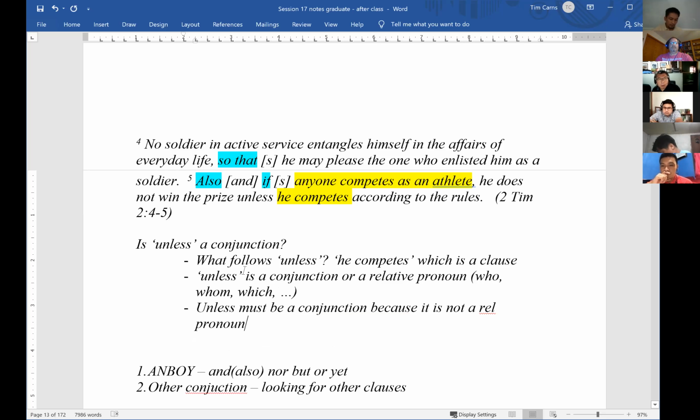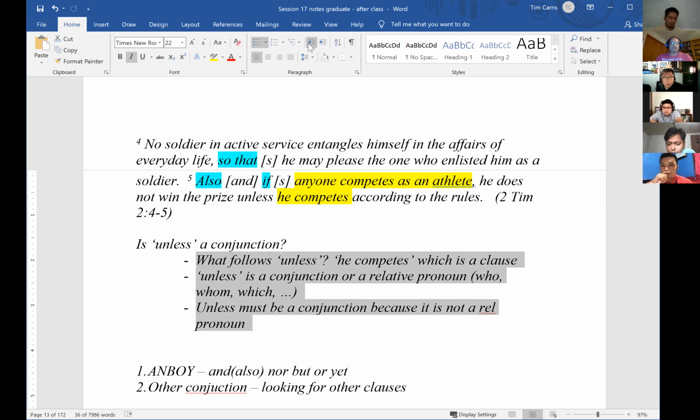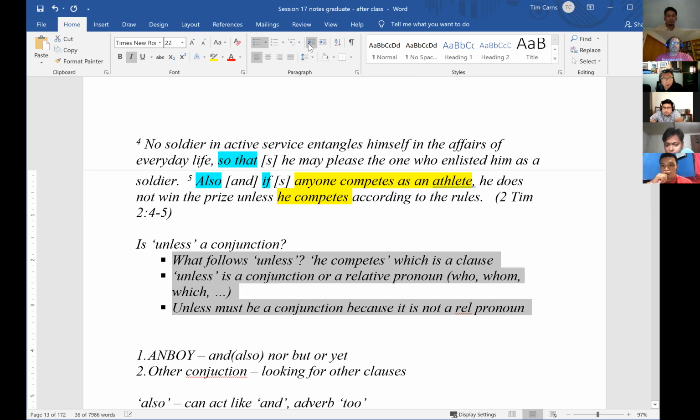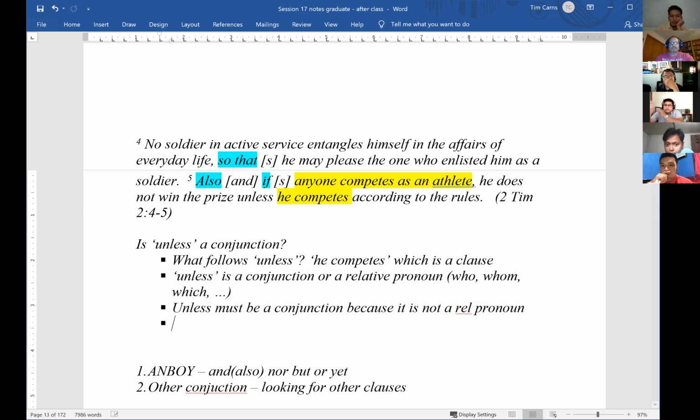So we answer the question: yes, it's a conjunction. What kind of conjunction? Subordinate or coordinate? Subordinate, because it is not an amboy.